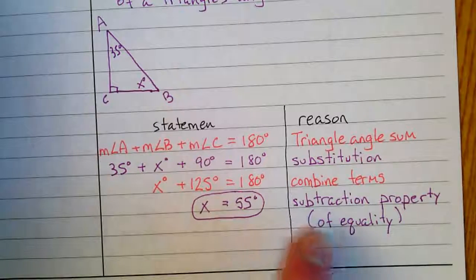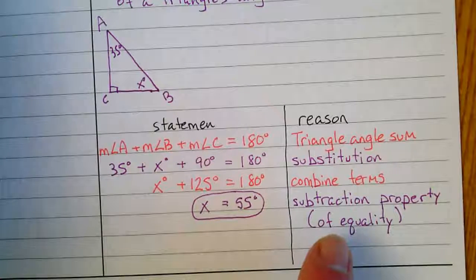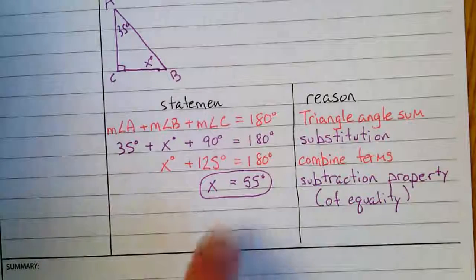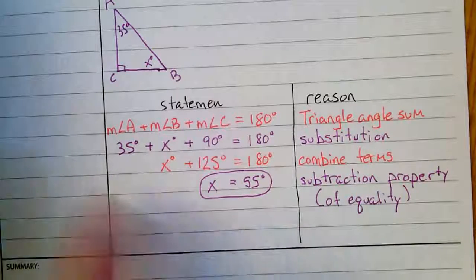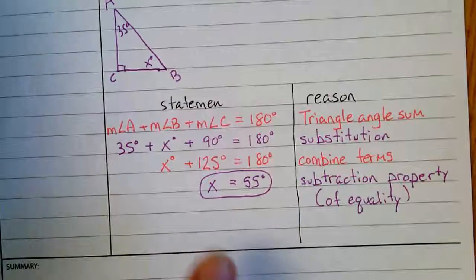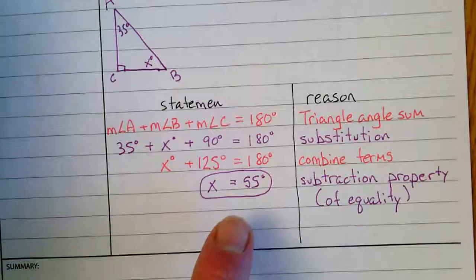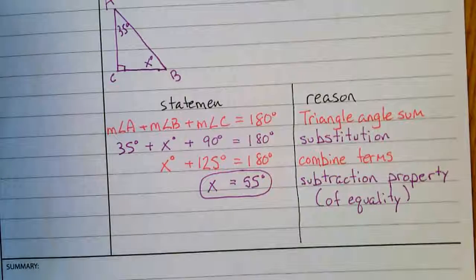And then subtract from 180, which is what I did in this last step, subtraction property, to find out that the unknown measure of angle B must be 55 degrees. All right, looks good.